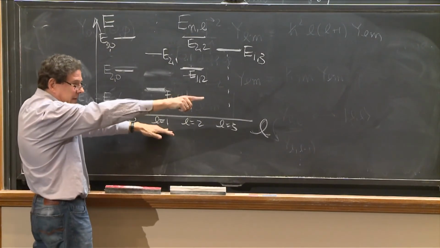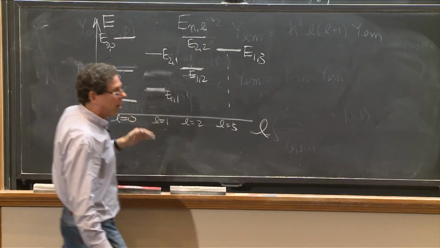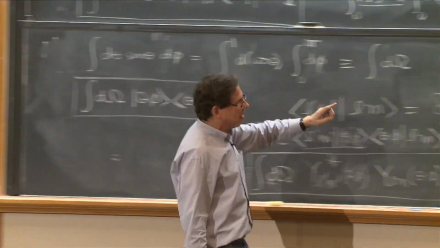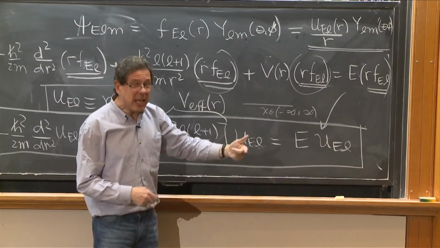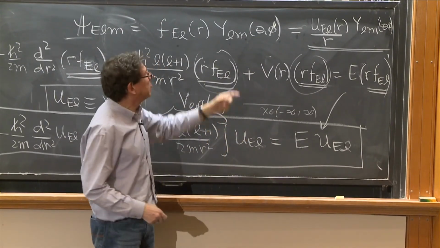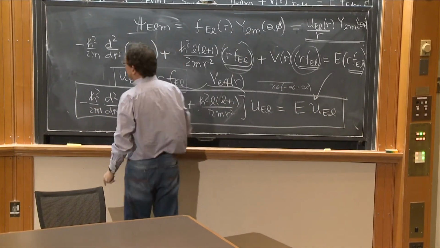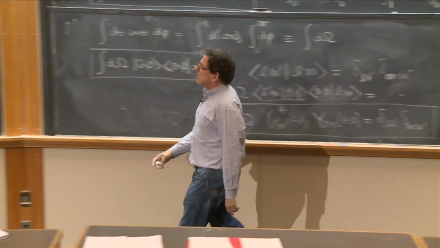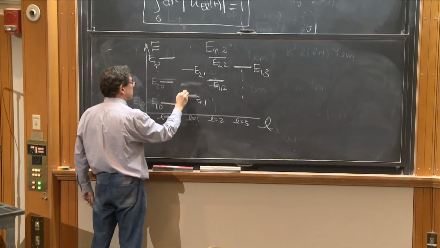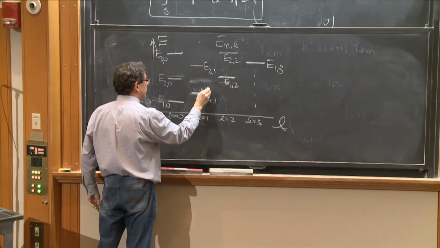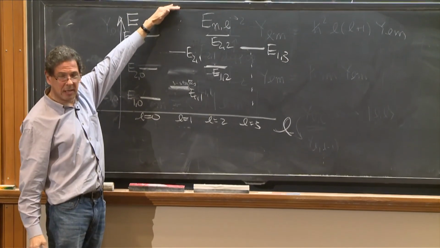It's one state of the one-dimensional radial equation, but you know that L equals 1 comes accompanied with 3 values of m. So there are 3 states that are degenerate because they have the same energy. The energy doesn't depend on m. So this thing is a 1 L equal 1 multiplet, which means really 3 states. And this is 3 states. And this is 3 states.